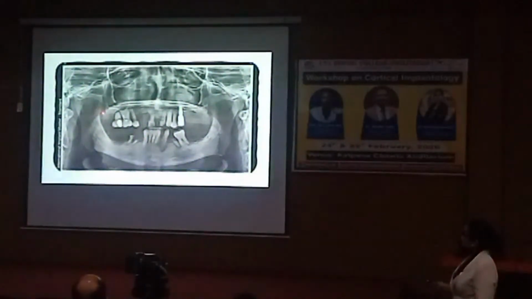Behind this? Yes. So this is the pterygoid. It is pretty much clear in the OPG that this is your tuberosity, and just beyond your tuberosity, this flat shaped or angle shaped thing is your pterygoid, with the lateral pterygoid and the medial pterygoid.